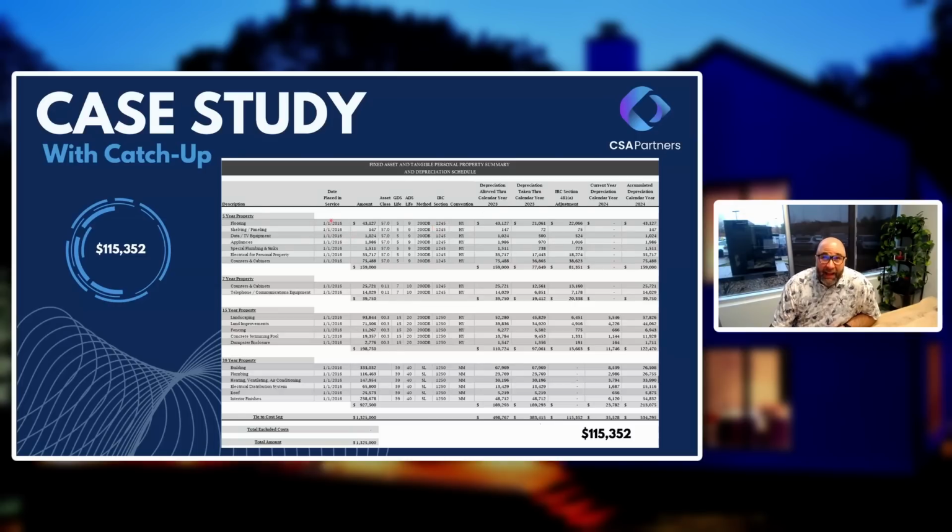But let's take that same retail office building, the $1.3 million building from the case study, but now let's say that it's been in service since 1/1 of 2016. So it's been in service for 8 years. Down here, you'll see we've got our $1.3 million of building. We had our $159,000 worth of 5-year assets, $39,000 worth of 7, just like in the example before.